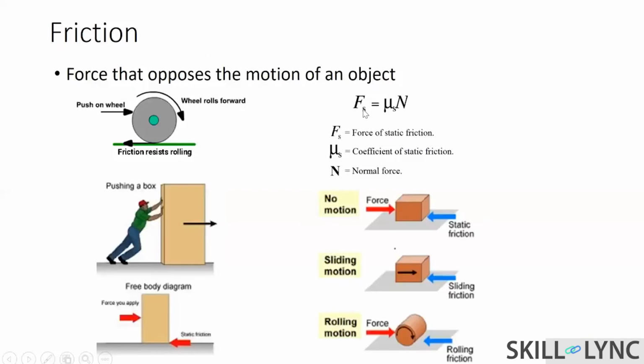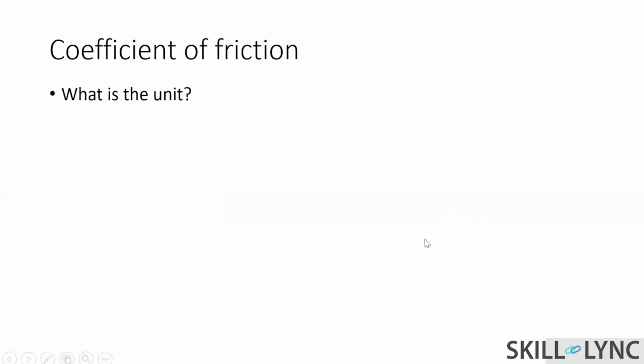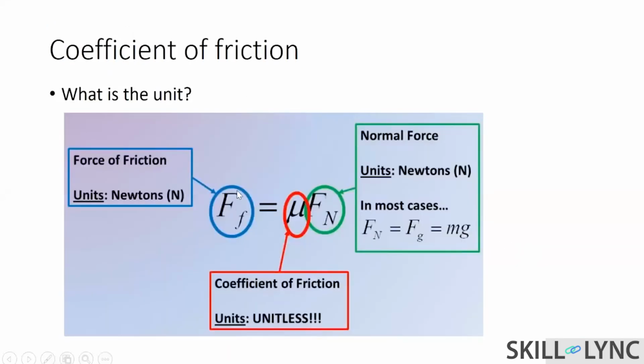We were saying that the frictional force is a function of the normal force, given by the coefficient. Yes, so it has no units. The reason is that the friction force is in Newtons and the normal force is in Newtons, so they cancel out, and that's why the coefficient of friction has no unit.